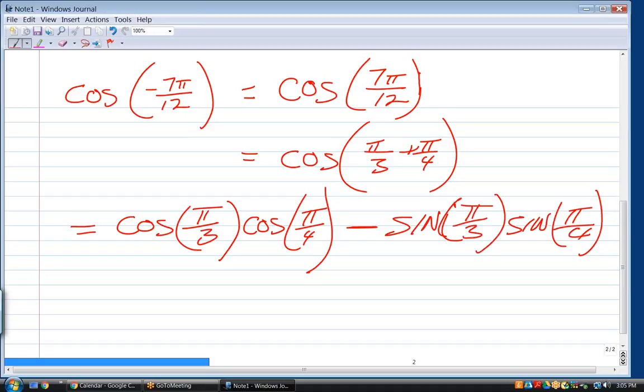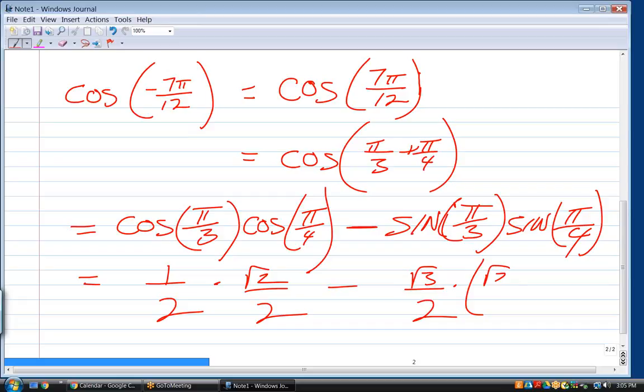All right. And now let's fill in numbers. What's cosine of pi over 3? 1 over 2. What's cosine of pi over 4? Square root of 2 over 2. What's the sine of pi over 3? Square root of 3 over 2. And the sine of pi over 4? Square root of 2 over 2.